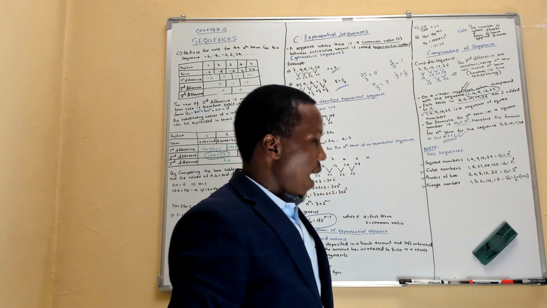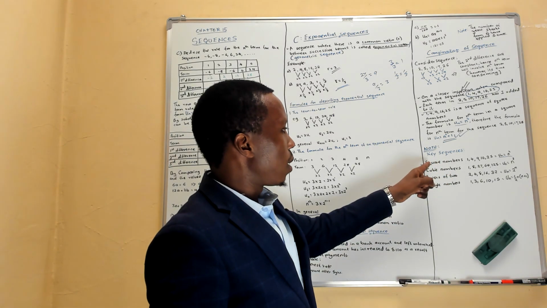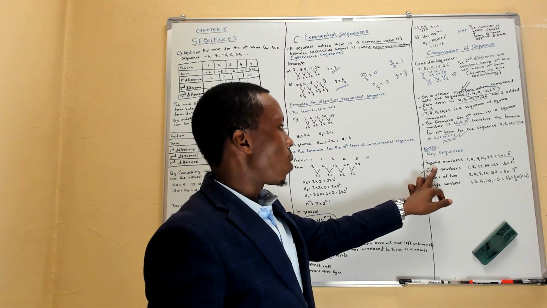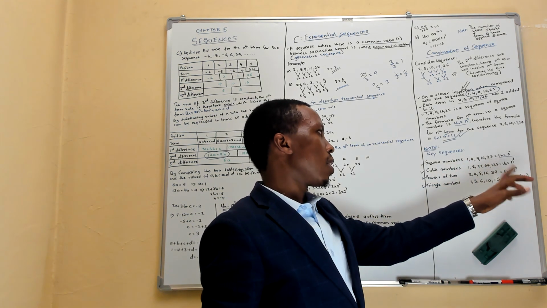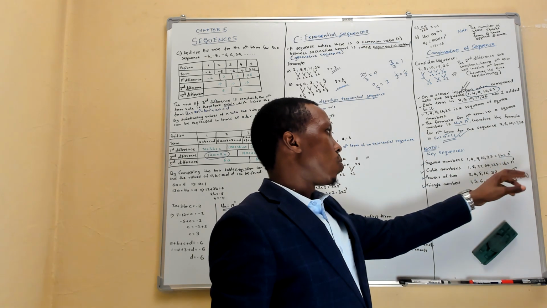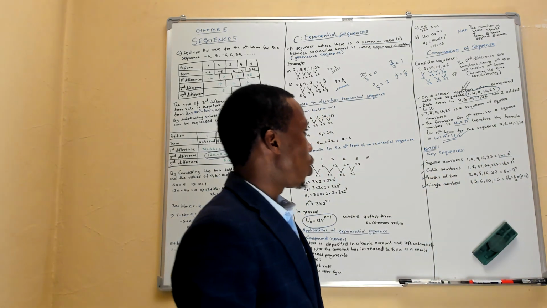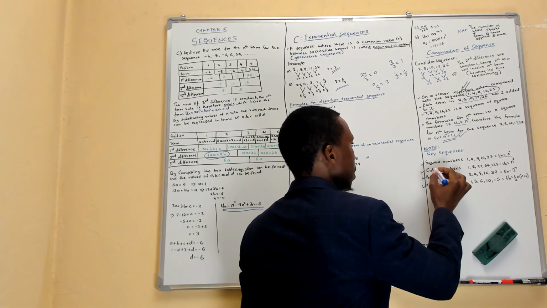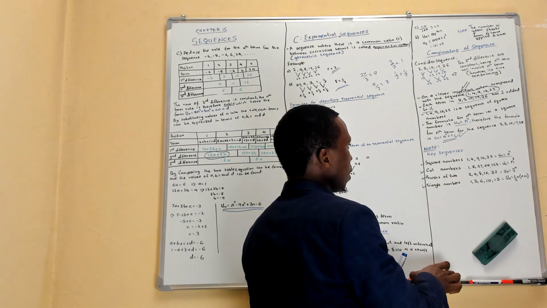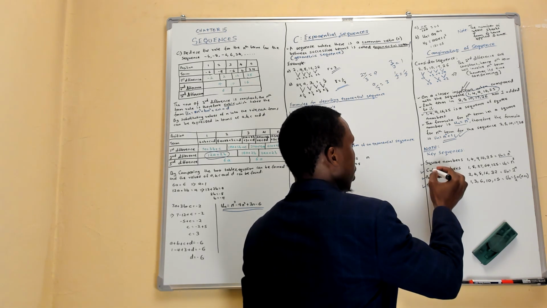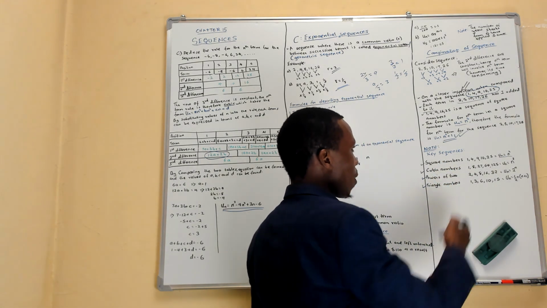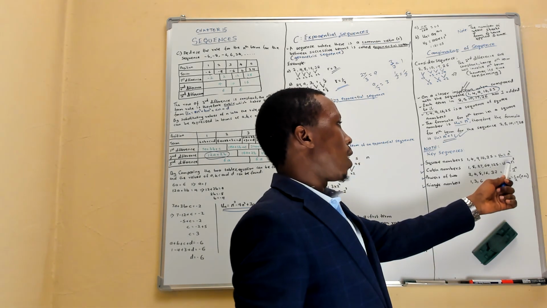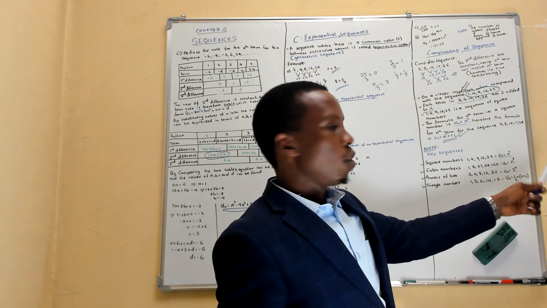And then lastly, take note of the key sequences and know them by heart. The sequence of square numbers, that is 1, 4, 9, 16, and 25, has un equals n squared. Then the sequence of cubic numbers, that is the cube of 1 is 1, the cube of 2 is 8, the cube of 3 is 27, the cube of 4, is given as the nth term n cubed.